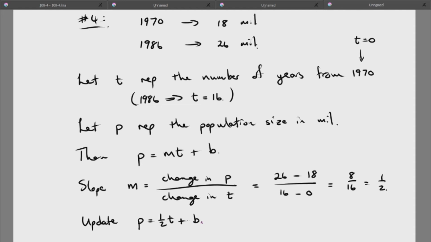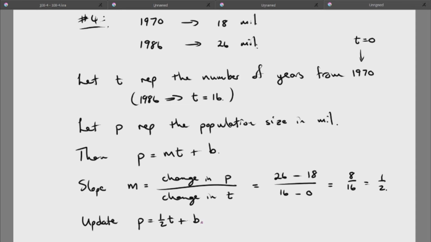What is the easiest, fastest way to find the b? Do I need to do anything, or are they giving it to me already? Because of my choice for my t input variable, the first point is when t equals 0, which is the y, quote-unquote, intercept, p-intercept in this case.